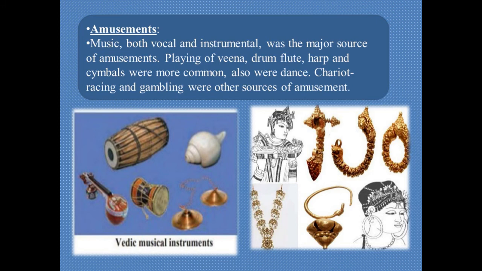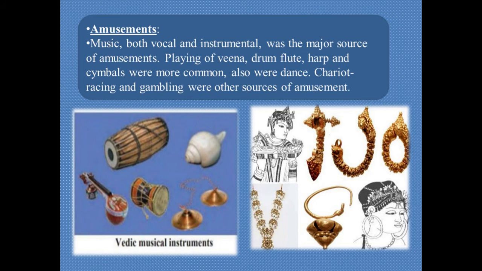They had knowledge of a few important Vedic instruments such as the drum, veena, harp, cymbals, conch, and varieties of other instruments. This was about the instruments they used to have. Chariot racing and gambling were other sources of amusement for these Aryans.